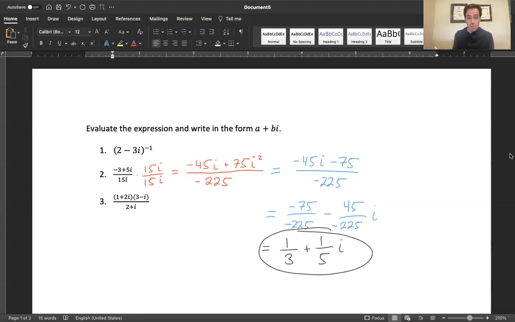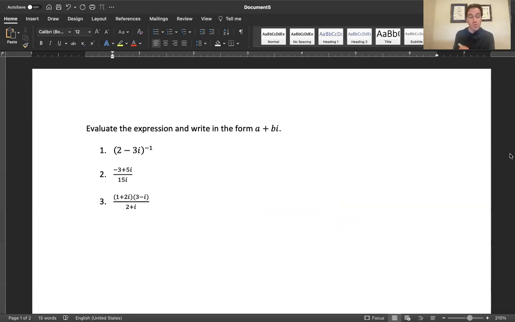Easy, right? Okay. For the last one, it's not that much more difficult. The only complicating factor here is that there's a multiplication to do on the top at the very start. So instead of leaping right into conjugates, this is going to be equal to 3 minus i plus 6i minus 1 plus 6 is plus 5i, and then minus 2i squared over 2 plus i.